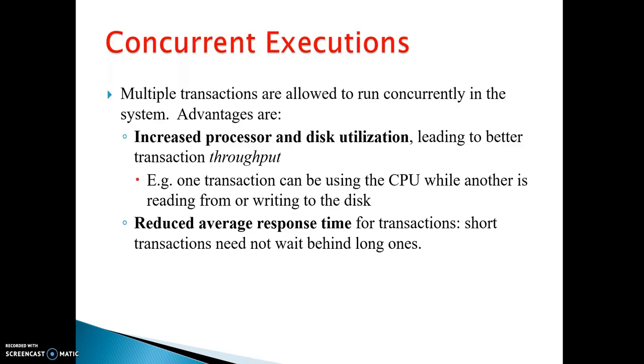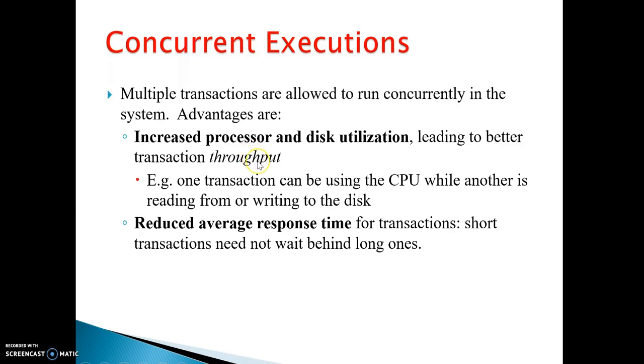If you can do this, what is the advantage? Basically it increases processor and disk utilization, so it leads to better transaction throughput. Here we would like to mention one important keyword: throughput.